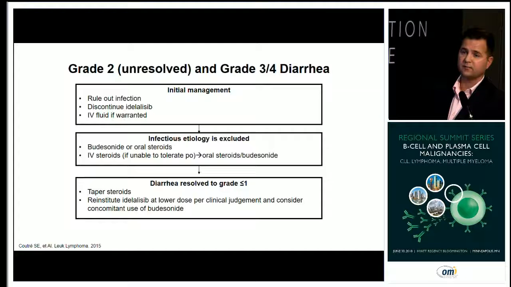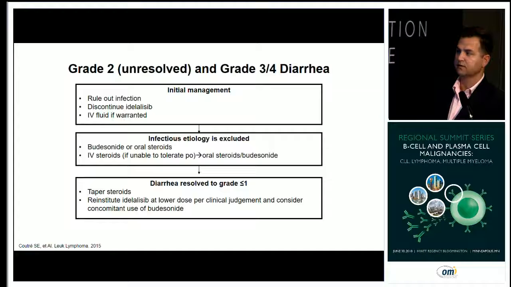If you're using this class, this is something that you're paying attention to and common. And I caution that colitis, in my opinion, is a pathologic diagnosis. Diarrhea is what the patient is reporting to you volumetrically, so how many stools a day and how much. So grade 3-4 diarrhea, is that really colitis or is it grade 3-4 diarrhea?